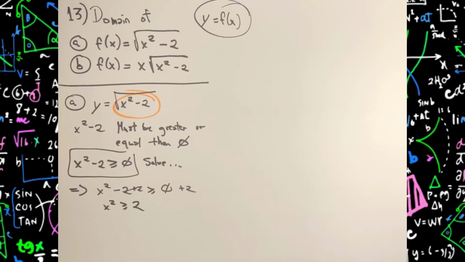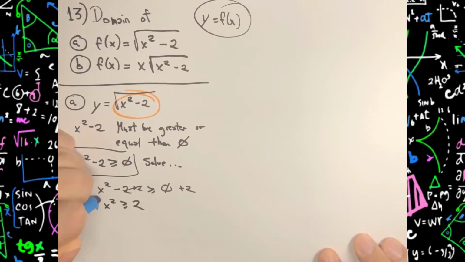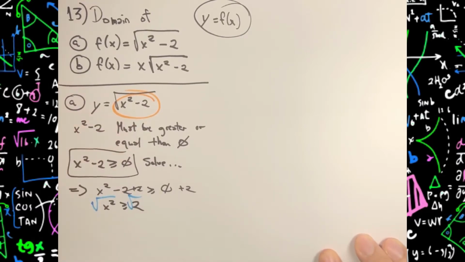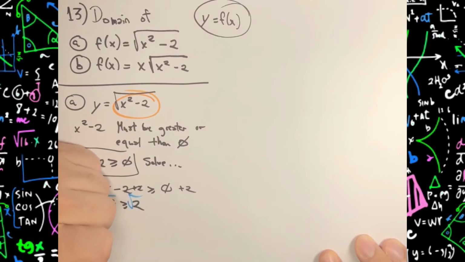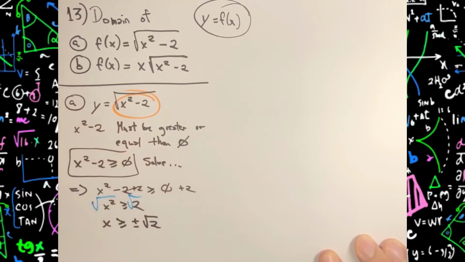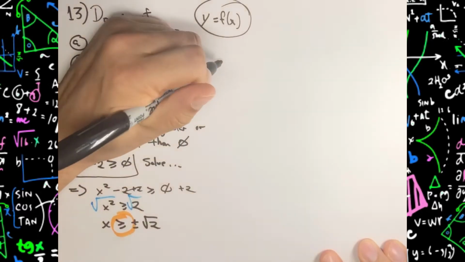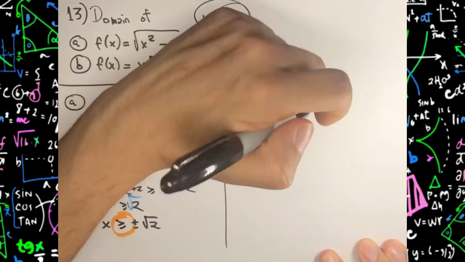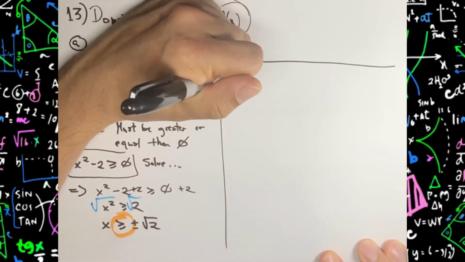Now, to get rid of the square, I have to apply square root to both sides, or you can also power to 1/2, it's the same thing. And you end up with x greater or equal than plus minus square root of 2. This is our solution. Since we have a greater or equal operator, we have to apply a union of both solutions.